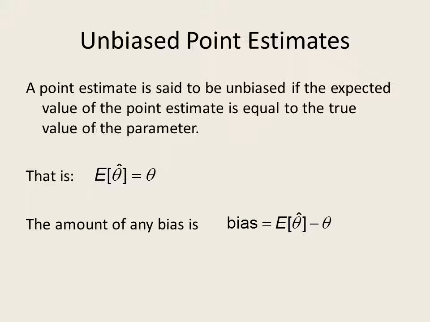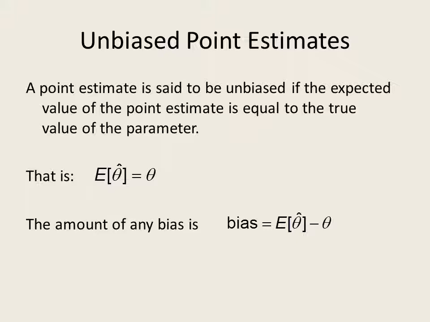When we go through the task of trying to identify an unbiased point estimate, a point estimate is said to be unbiased if the expected value of the point estimate is equal to the true value of the parameter. Remember, the expected value is what we would need to expect given enough observations. We're going to know the value that we should expect.